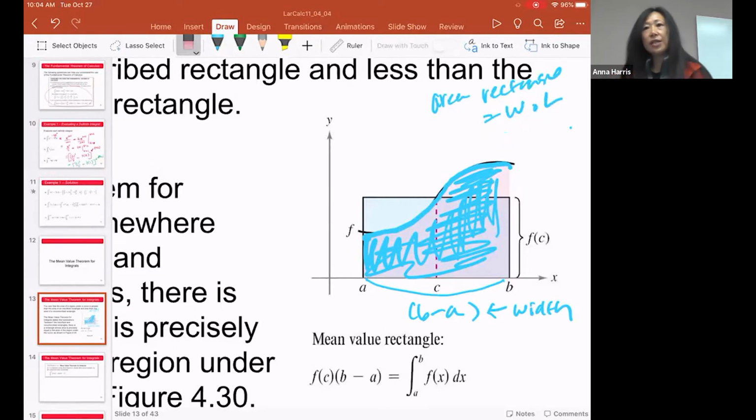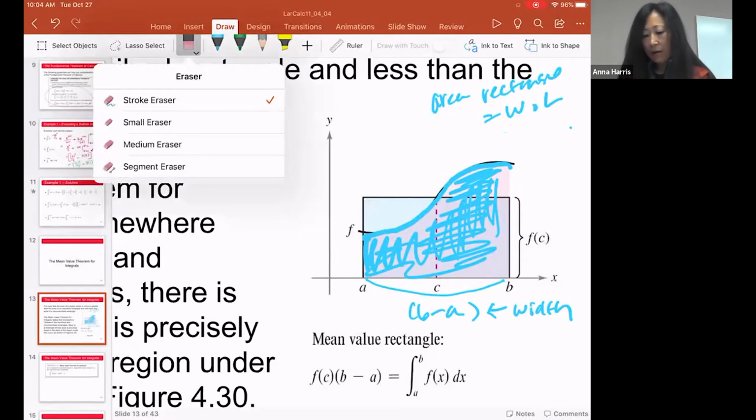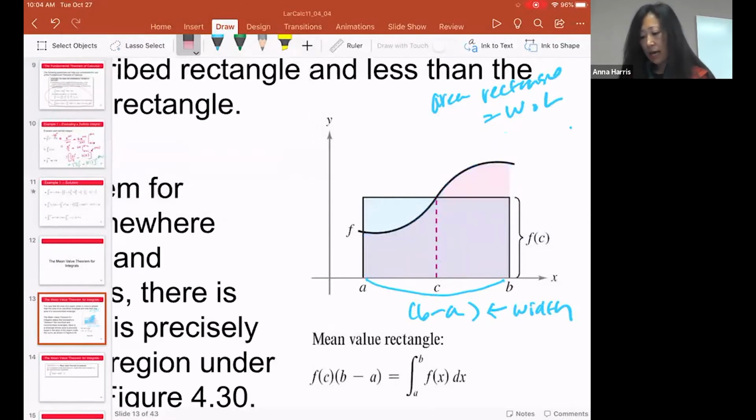So if that's true, then I know what to do. We found the average height. The average height, in this case, is right here. That is f of c.